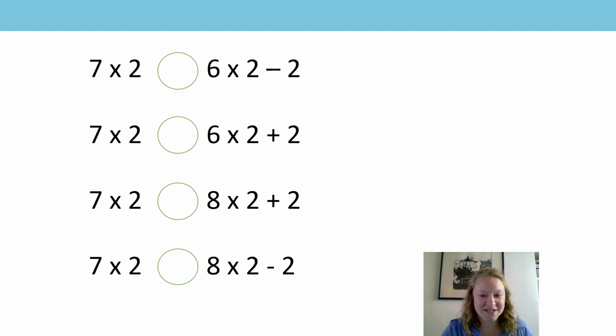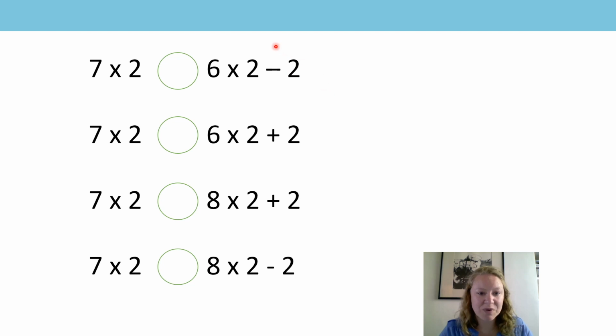Did you notice that we have 7 2s every time on this side of our symbol? And then on this side of our symbol, we've got 6 2s there, and we've got 8 2s here. And down here we've got some different bits, haven't we? We've got some subtracts and some adds, but always with 2s.